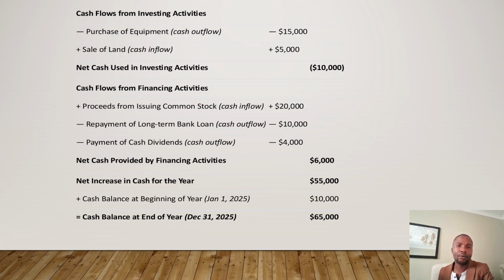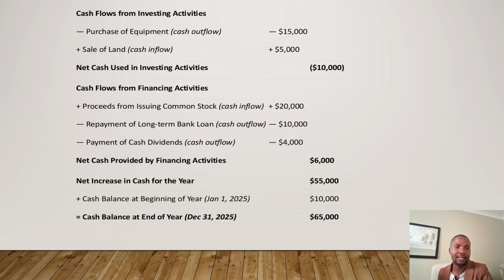So if we go back to the operating activities, we had a net position of 59,000, which was a positive. So if we subtract the net cash used in investing activities of 10,000, we will remain with 49,000. And then if we add now the 6,000 net cash provided by financing activities, we come to a net increase in cash for the whole year of 55,000.